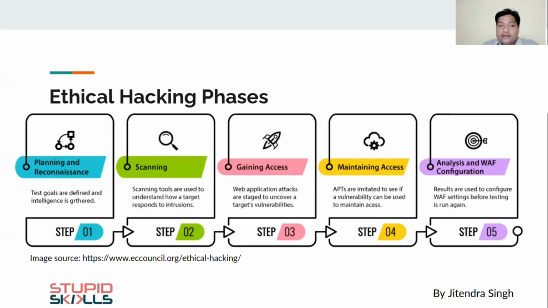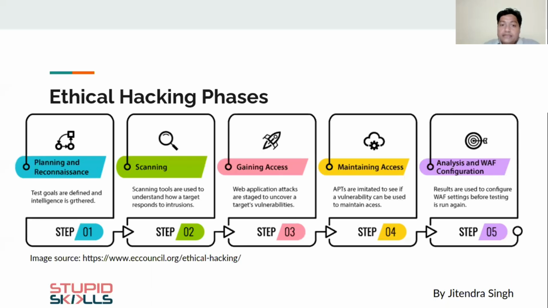So in planning and recce, or I would say reconnaissance, you collect as much information as possible by observing and looking at the system, either passively or actively. In active planning and recce, you basically go and interact with the people, process, or technology which is there.